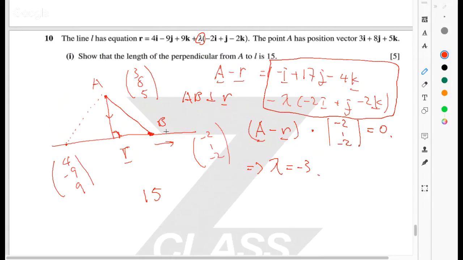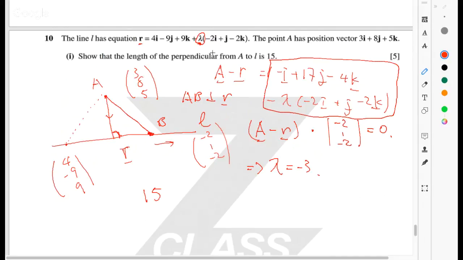So L is the line. And R is the collection of every point on the line. So when I said A minus R, R is a point on the line, which is determined by choosing a value of lambda. So R is really a point, L is the line, and L is made of a lot of different values of R, and that's achieved by changing this parameter lambda.